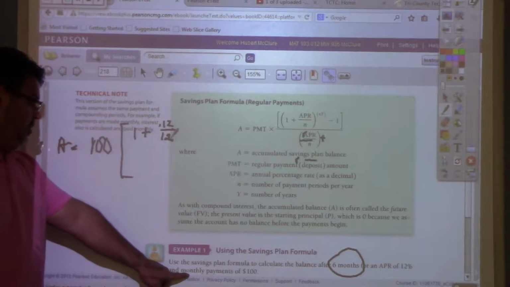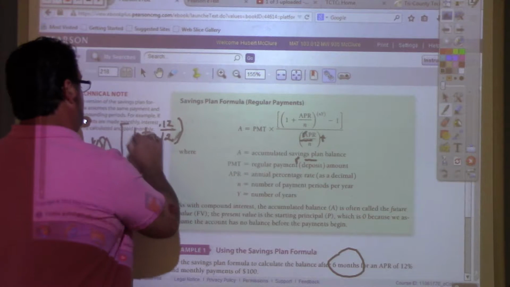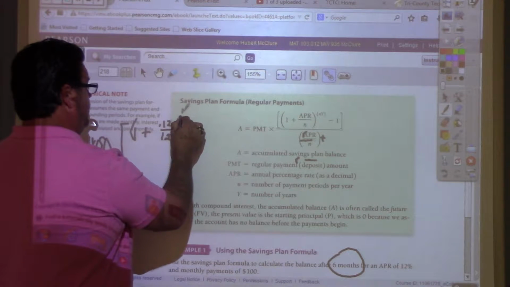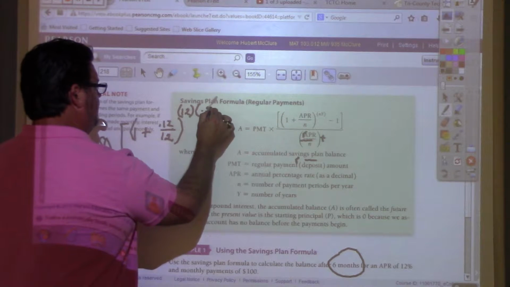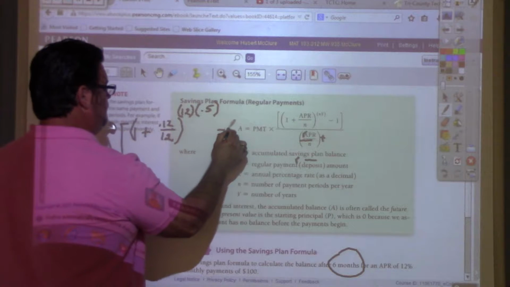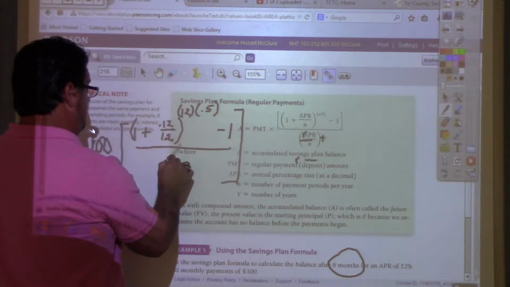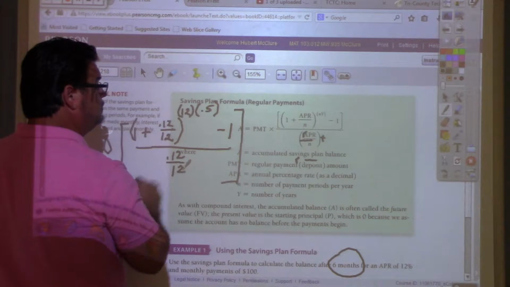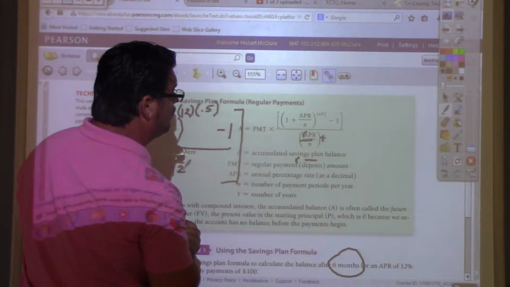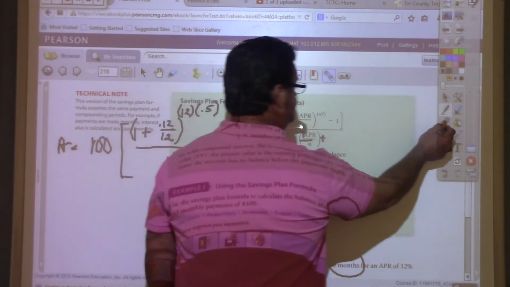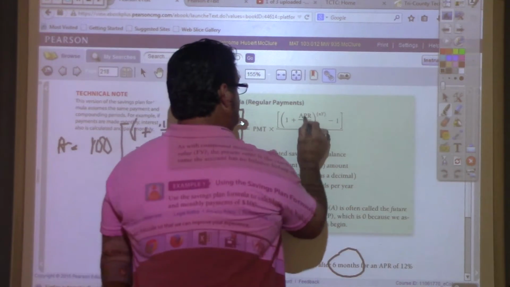And how many months are in a year? 12.) To the NT power, the N would be 12. T would be 1/2 or 0.5, minus 1, all over 0.12 over 12. I messed that up, so I'm just going to erase that. And it would be R.